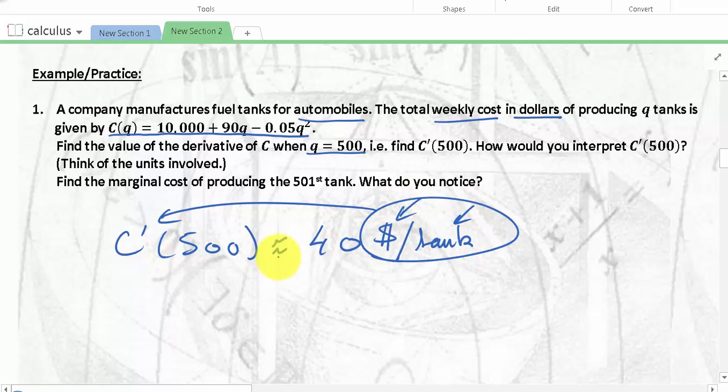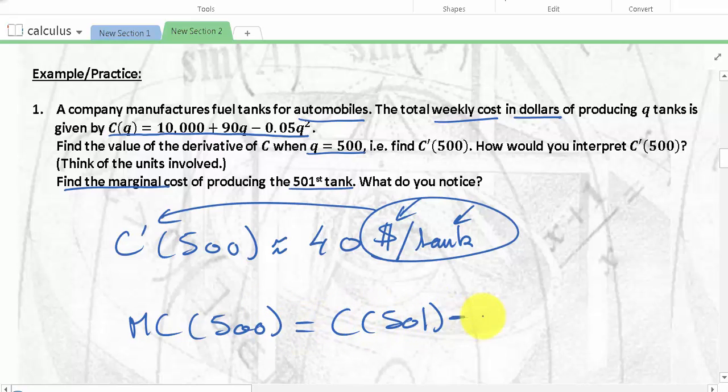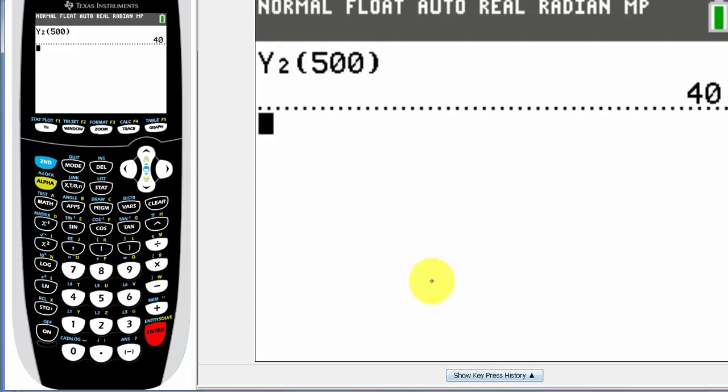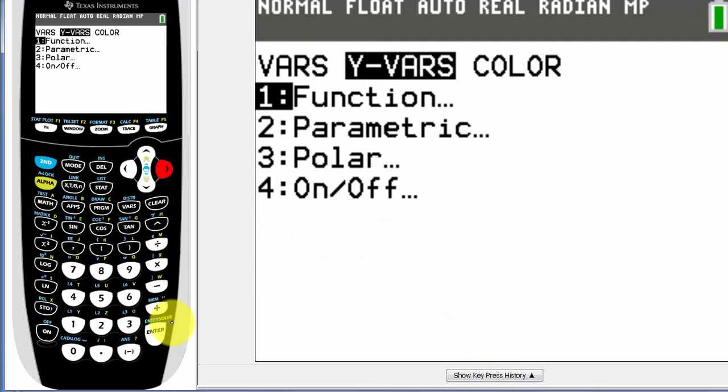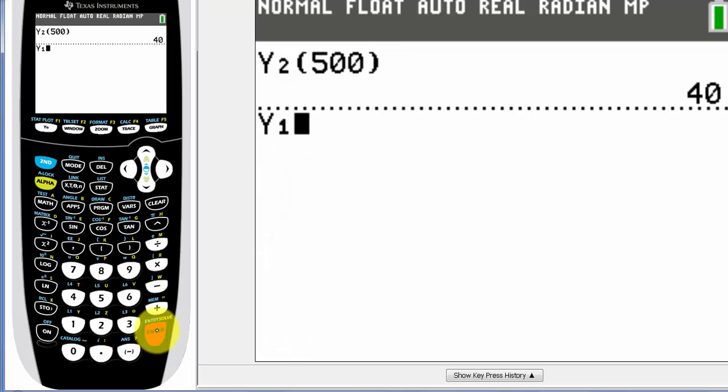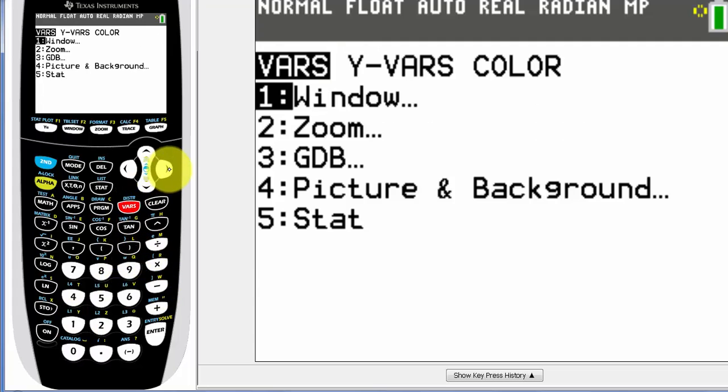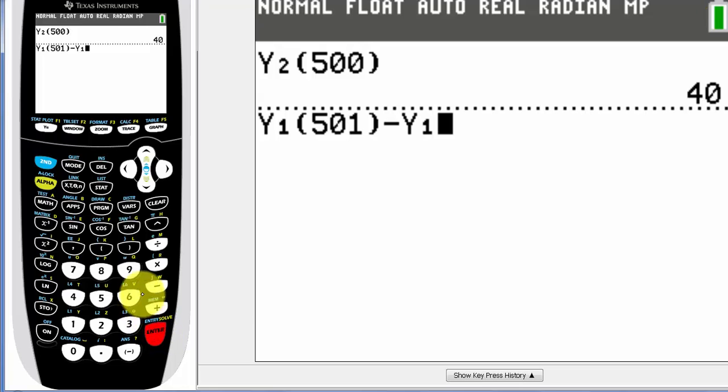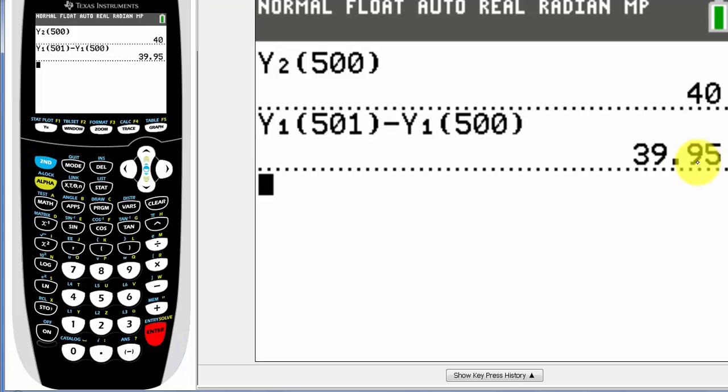I'm not exactly sure what that means, but let's check out the marginal cost for producing the 501st tank. It's the marginal cost at the level of production of 500, which is the cost of producing 501 tanks minus the total cost of producing 500 tanks. Let's check it out with the calculator again. This time I want the total cost, so it's y1 at 501 minus y1 at 500, and it is 39.95.